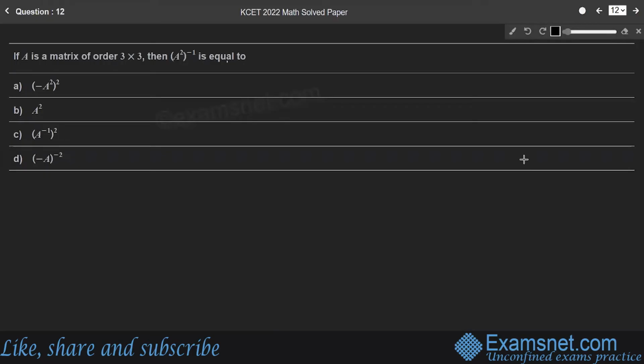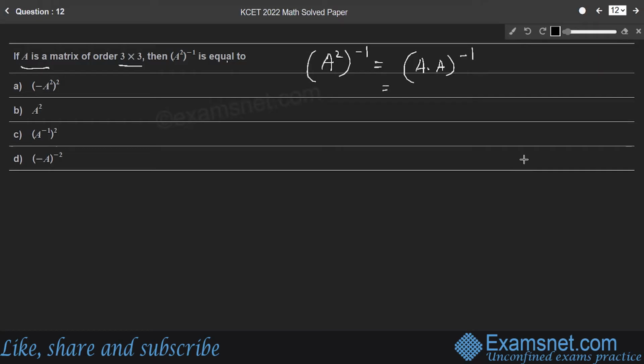Question number 12. If A is a matrix of order 3 by 3, then A square inverse is equal to. Students will consider the general case. No need to consider A as a matrix of order 3 by 3. We are considering generally. Here A square is nothing but A into A, its whole inverse.